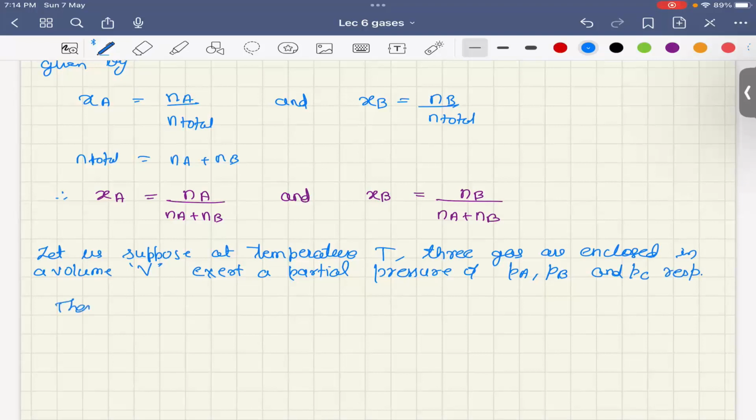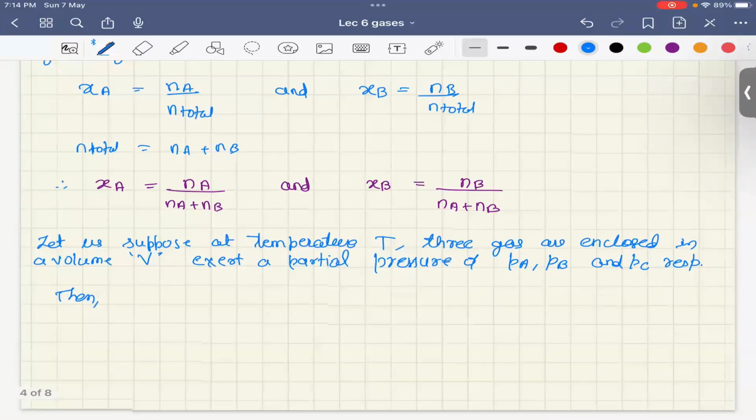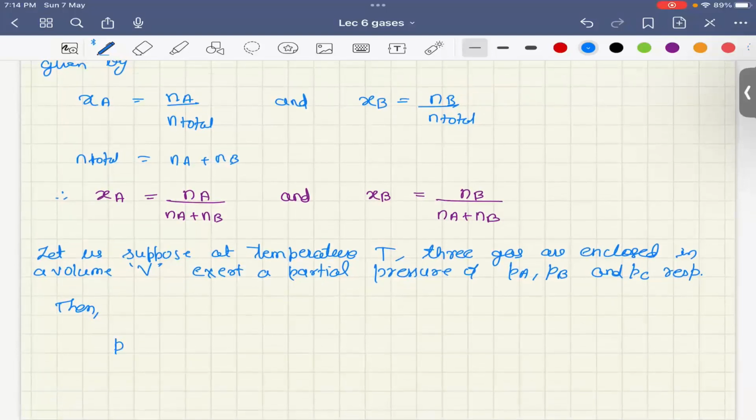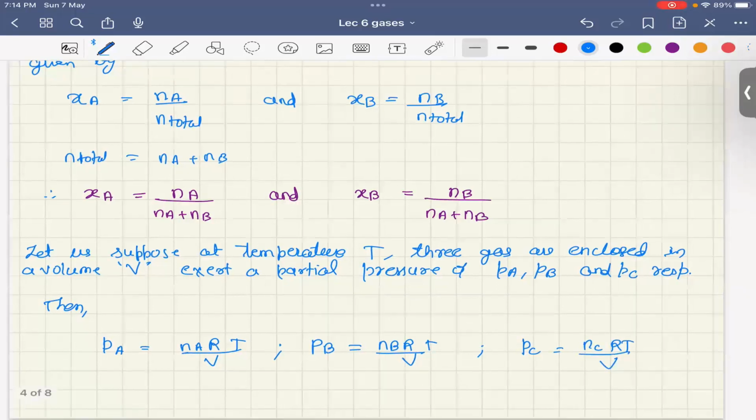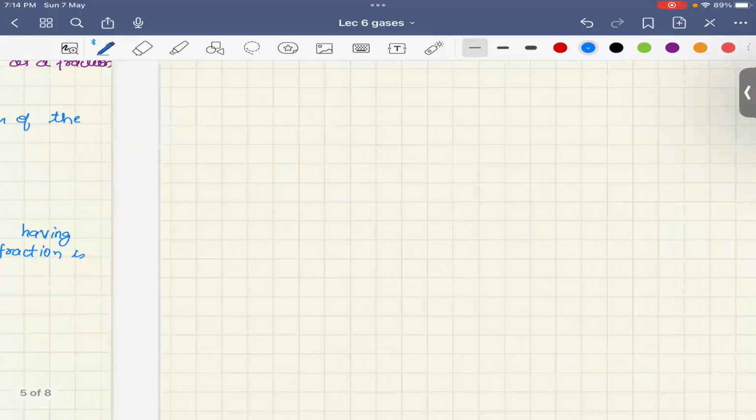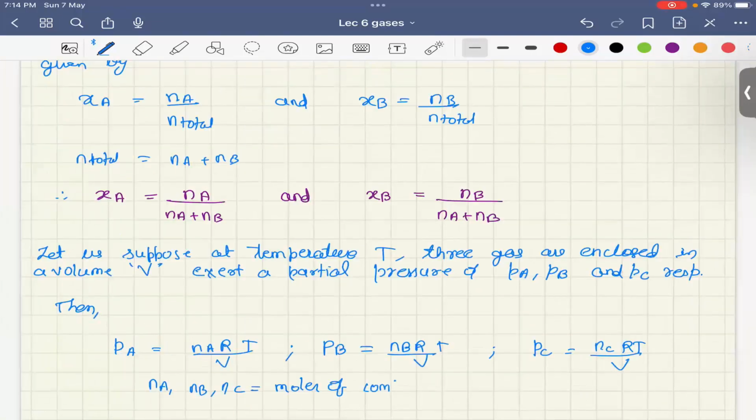Then, assuming that the gases are ideal, we can write that Pa is going to be NaRT by V, Pb is going to be NbRT by V, and Pc is going to be NcRT by V, right? Where Na, Nb, Nc are the moles of component A, B, and C respectively, right?